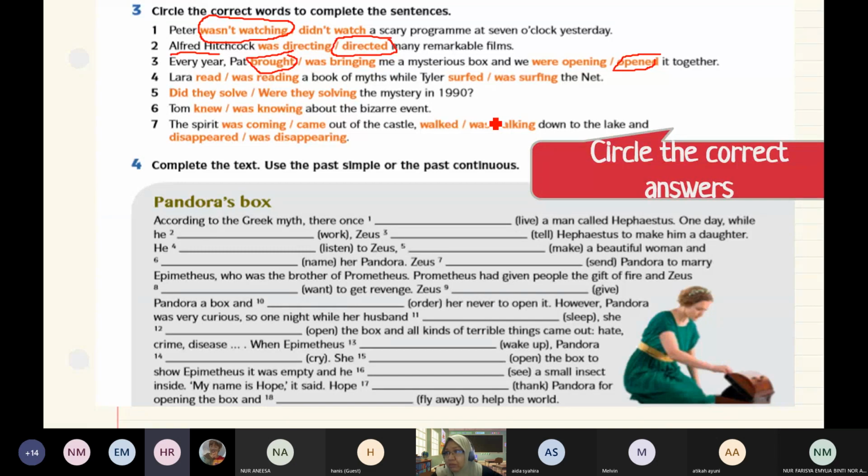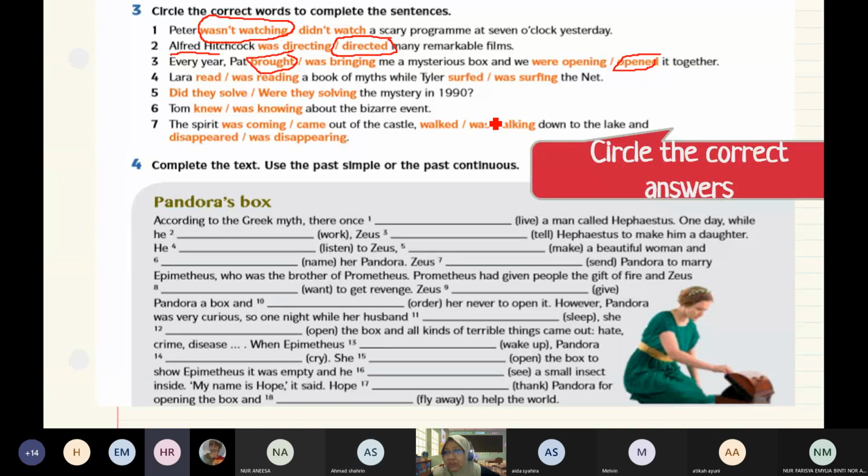I cannot hear you well. Okay, I give to Sharin. Ahmad Sharin, can you try? Can you hear me, teacher? Yes, I can hear you well. Number 6. Tom knew about the result. Yes, Tom knew. All right.